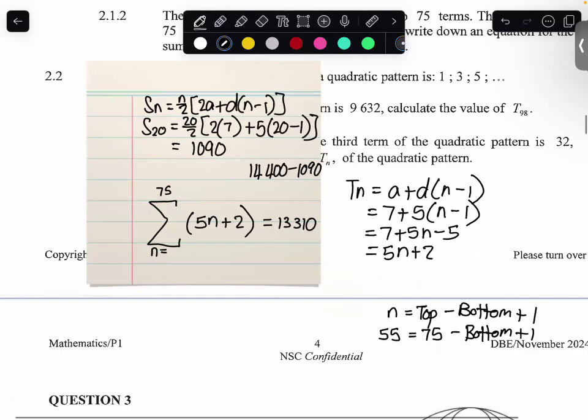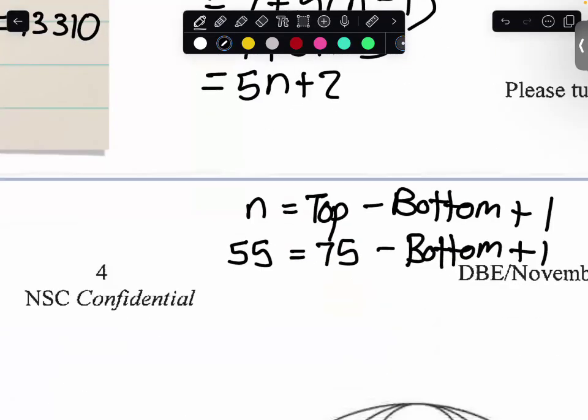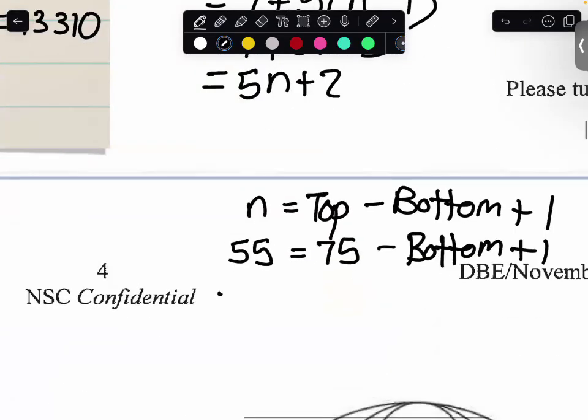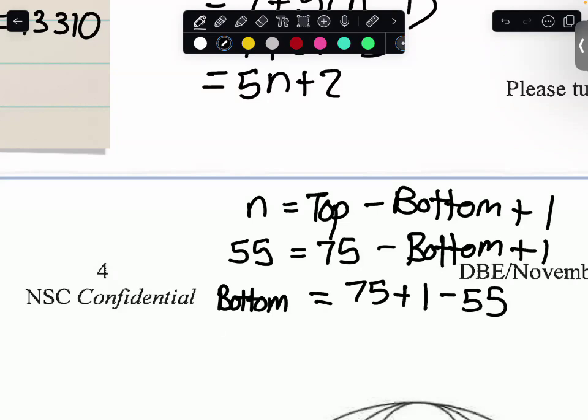And then I'm going to solve for what this bottom number should be. So I'm going to take that bottom over. So bottom here is going to become a positive there. That's 75 plus 1 minus 55. It gives me the bottom to be 21.